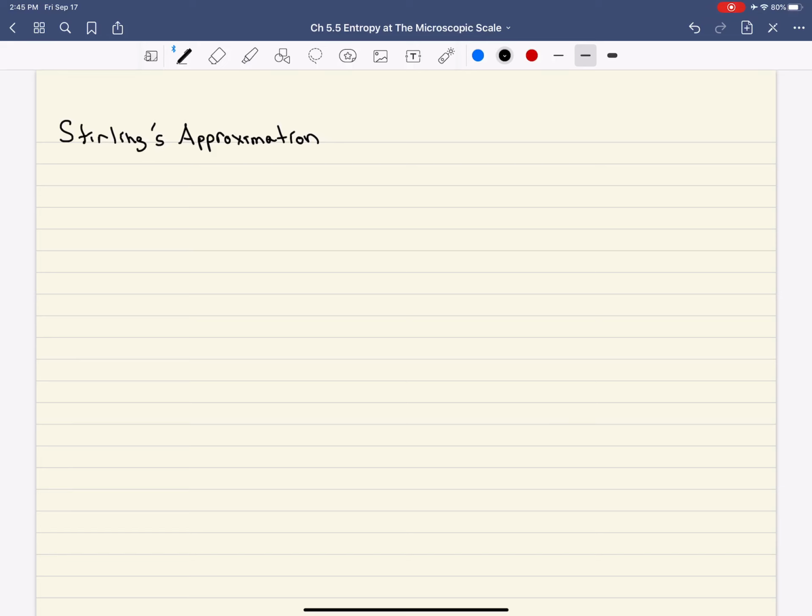In this video, we're going to learn one more trick in order for us to get a usable microscopic model for entropy. We saw that if we had n number of molecules in a system, the number of different ways of arranging those molecules is incomprehensibly large. But what we could do is calculate the entropy of the system, which is just the natural logarithm of that number.